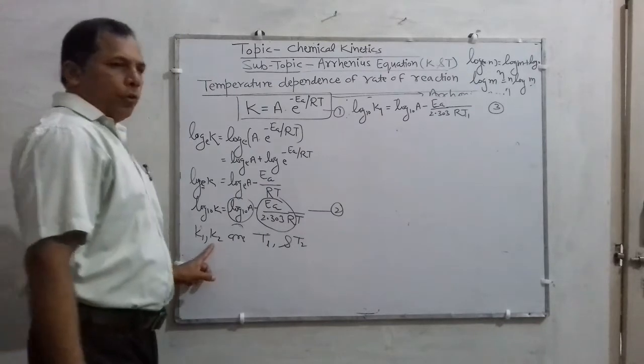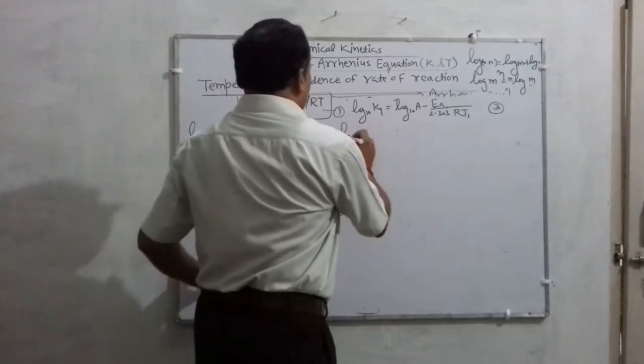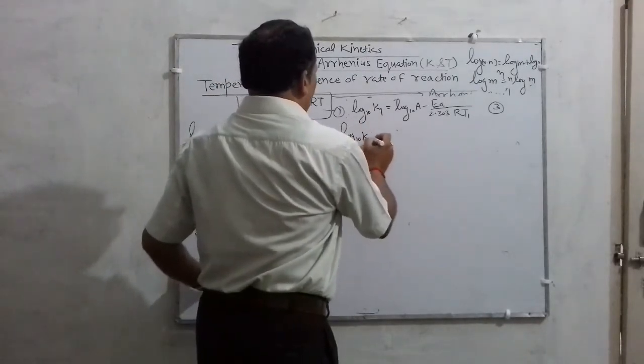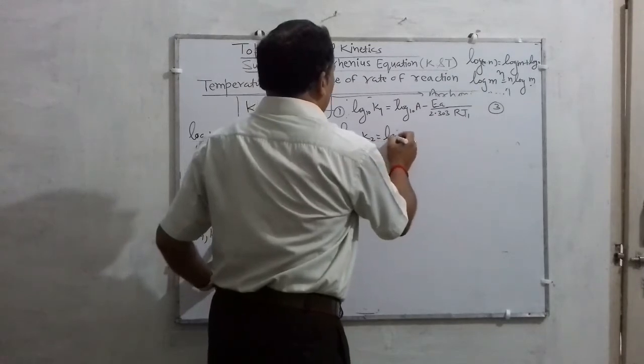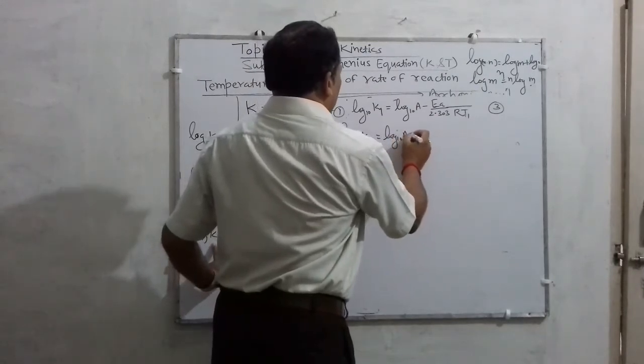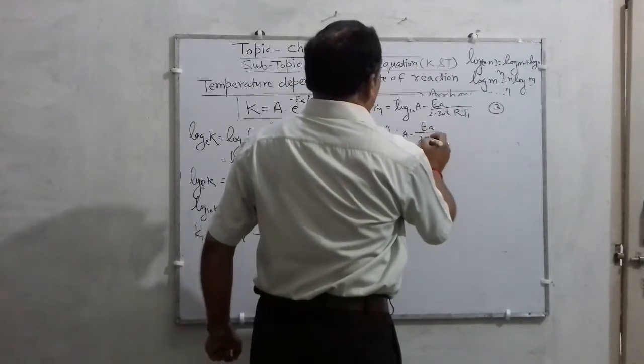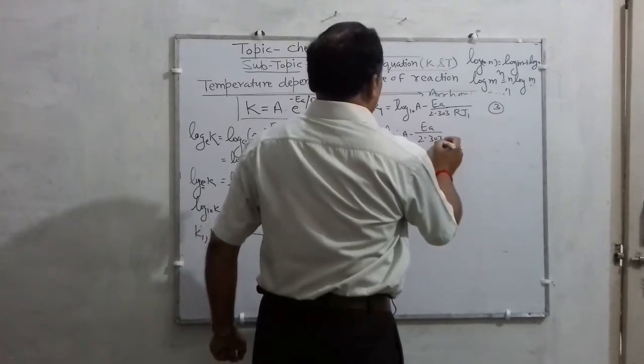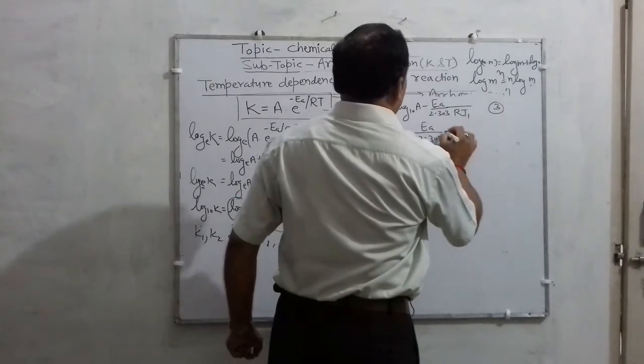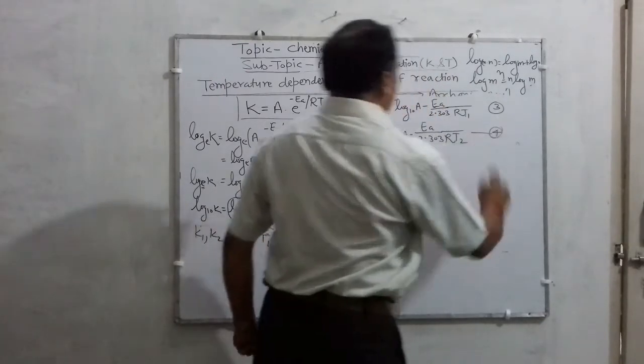Similarly, for K2, this can be written as log 10 K2 is equal to log 10 A minus E_a upon 2.303 RT2. Suppose this is equation 4.